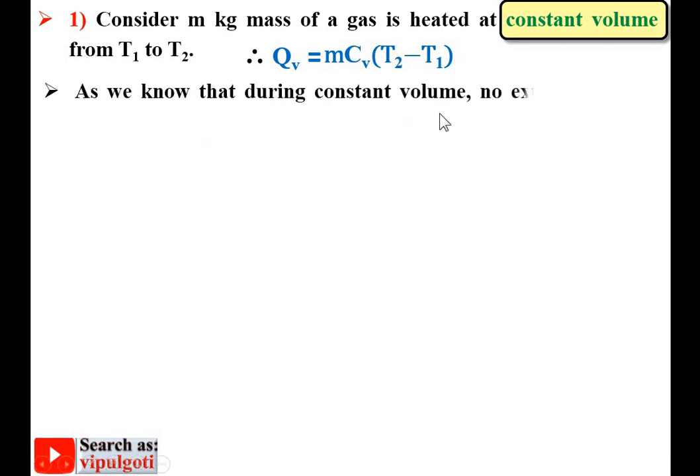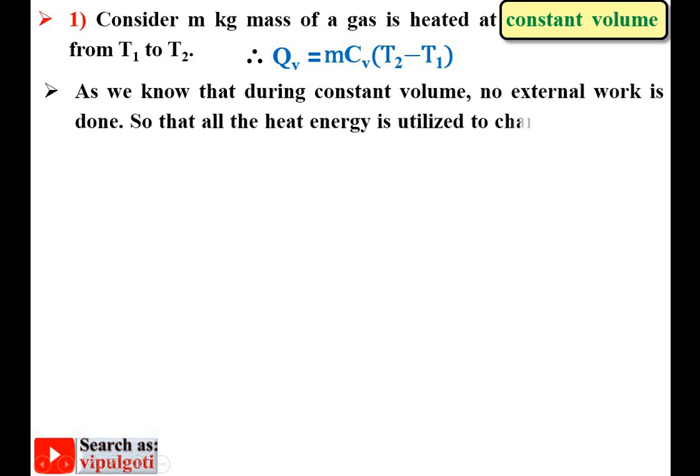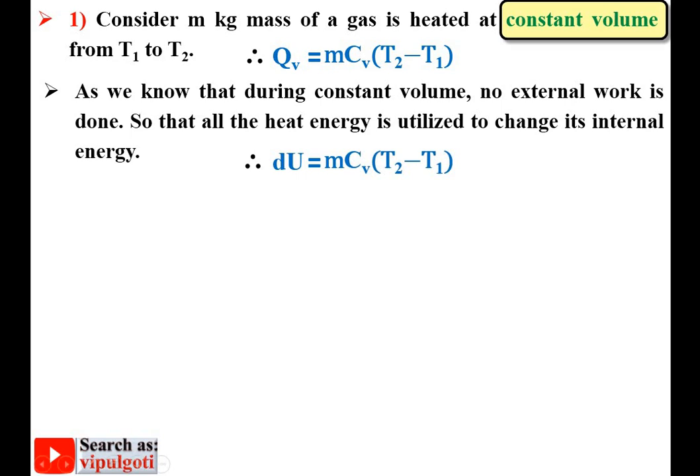During a constant volume process, no external work is done, so all the heat energy is utilized to change the internal energy, as per the first law of thermodynamics. So dU is equal to m Cv (T2 minus T1).